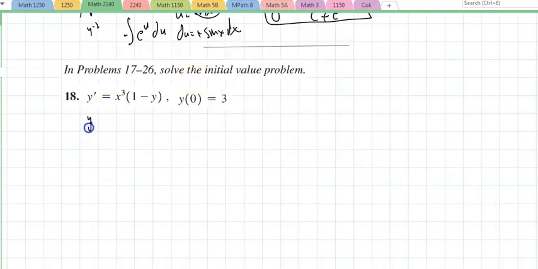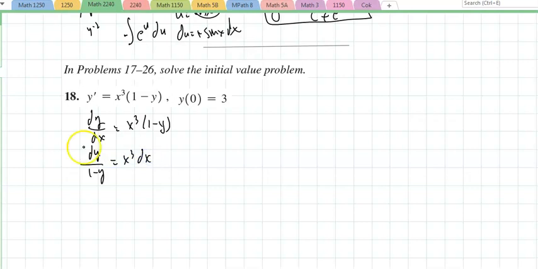Well, I noticed that this is dy/dx equaling x cubed times (1 minus y), or dy over (1 minus y) equals x cubed dx. If I integrate, I'm looking at negative natural log of (1 minus y) equaling x to the 4th over 4 plus c.